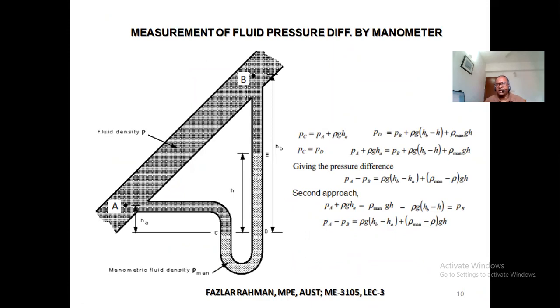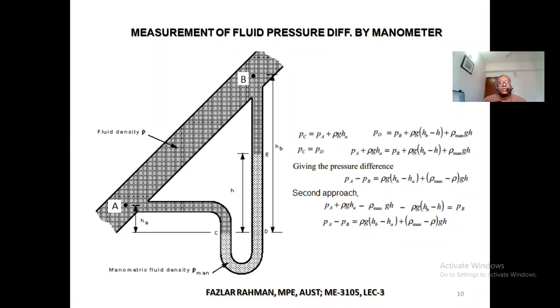Is that a simple manometer or a differential manometer? Anyone? This one? This one is a differential manometer. Thank you. Okay, because it is giving the pressure difference between point A and B. Now, how can we figure it out?